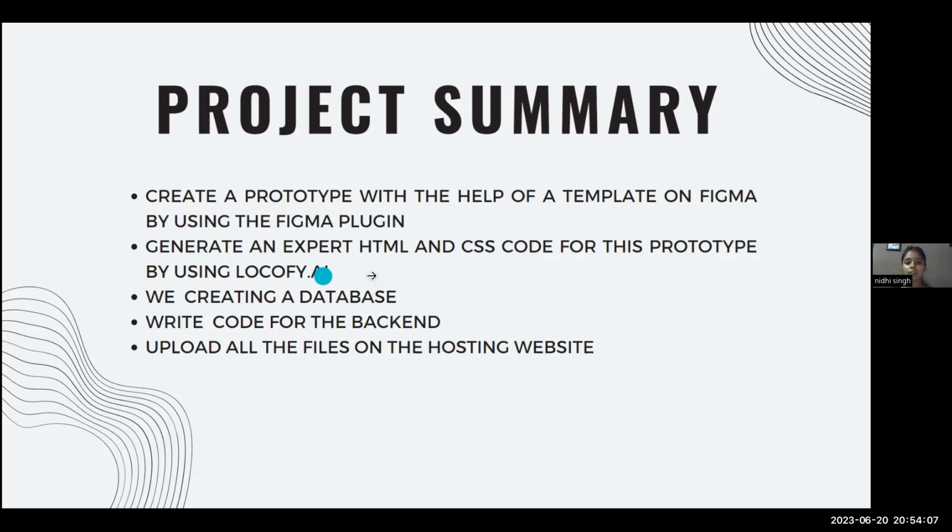What is Locofy AI? Locofy AI turns designs into front end for web and app, and also builds design systems and screens, and much more. Next, I created a database and the backend code. Lastly, I uploaded all the files to a hosting website.